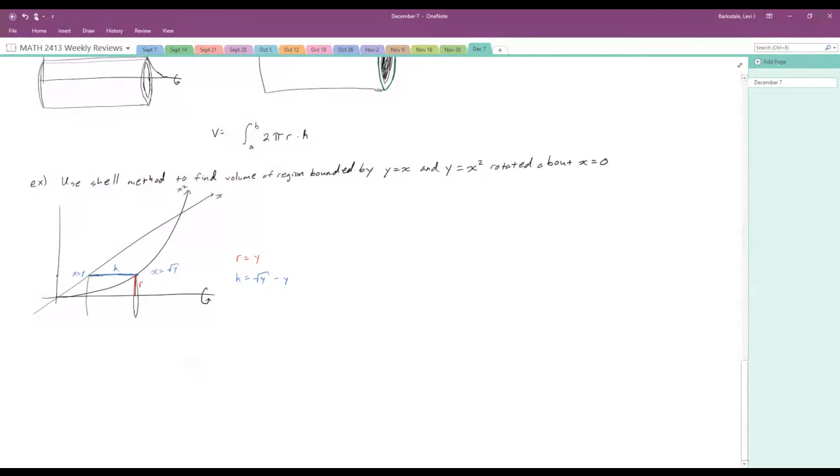So this h value is a distance, right? And because it's a distance, we need to figure out some way to represent that. The distance is based off of the x values, right?